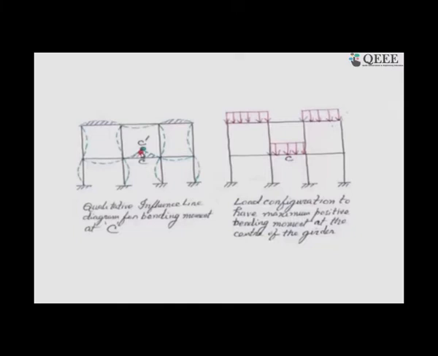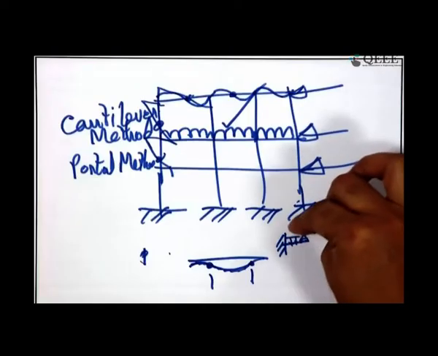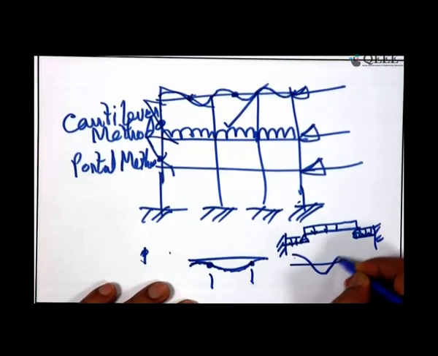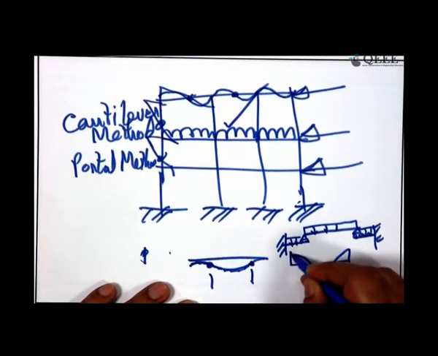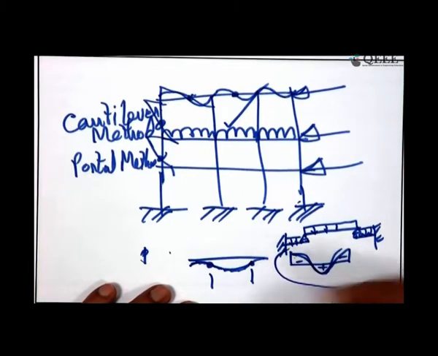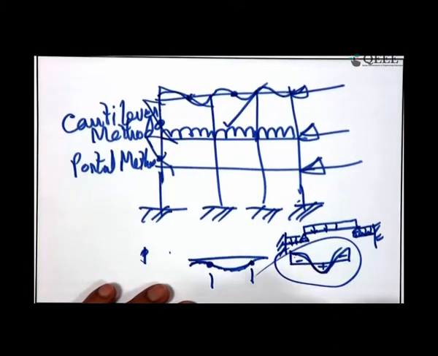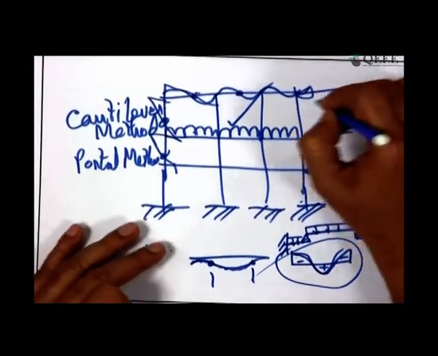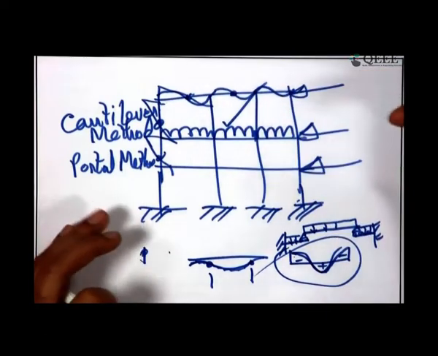So, one question is that the influence line diagram for bending moment at C is this, and then there is the bending moment diagram for the particular loading. This is a hogging bending moment. The bending moment diagram for this structure will have this kind of variation, with positive and negative bending moments here for the live loads and for the imposed or dead loads, and for the lateral load it will be like this for columns and beams.